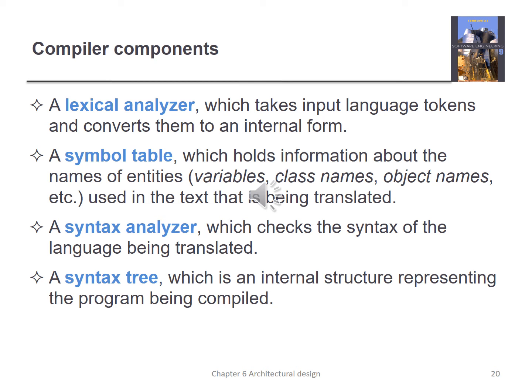The syntax analyzer checks the syntax of the language being translated. The syntax tree is an internal structure representing the program being compiled, the tree of it. If A, then B, whatever, that is the tree of the program we are talking about.